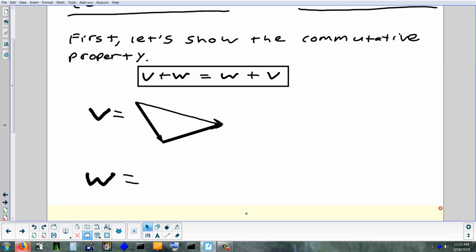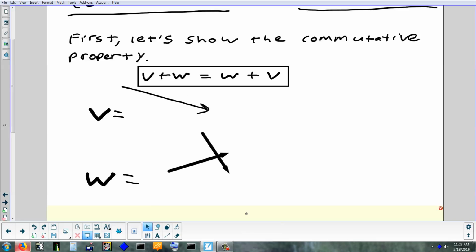Okay, so there's V plus W. Now I'm going to do it the other way, W plus V. So take W and put V on the end and connect it. And let's compare that to what we had before. Again, I drew it by hand, so it's not perfect, but it's pretty close. So I'm just showing you that W plus V and V plus W comes out the same.